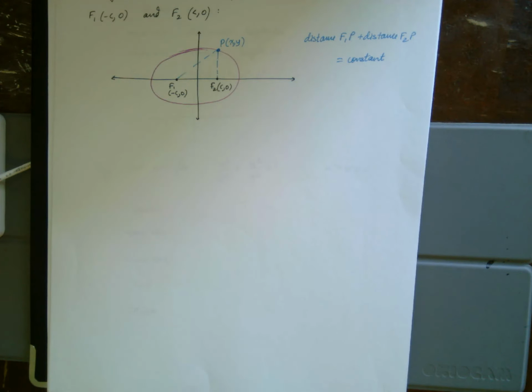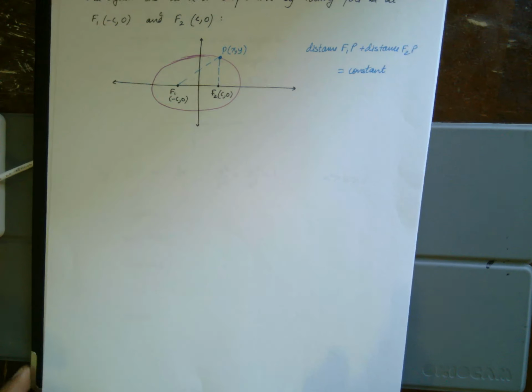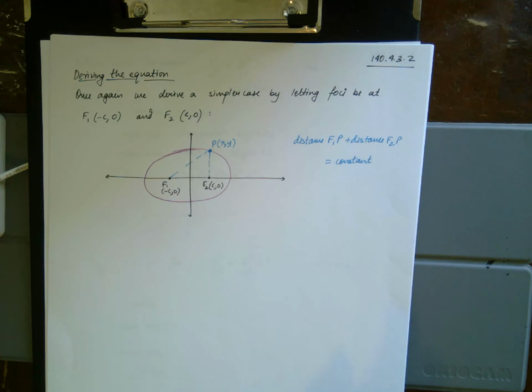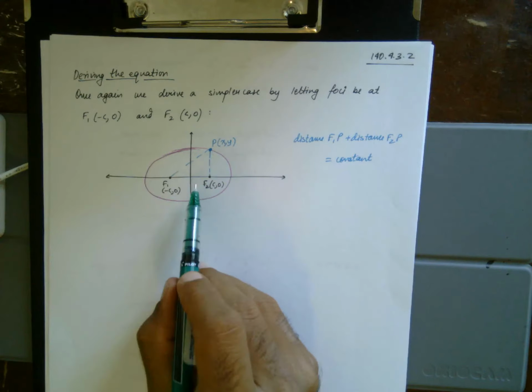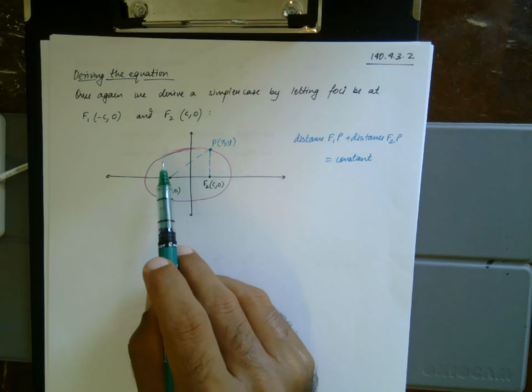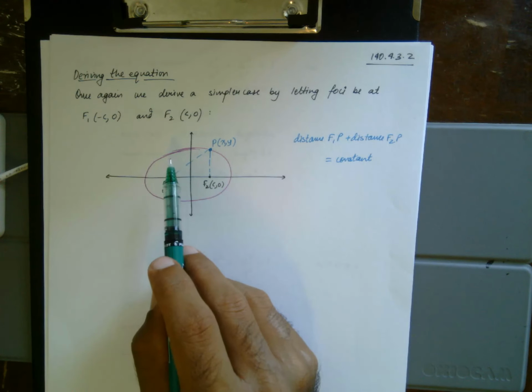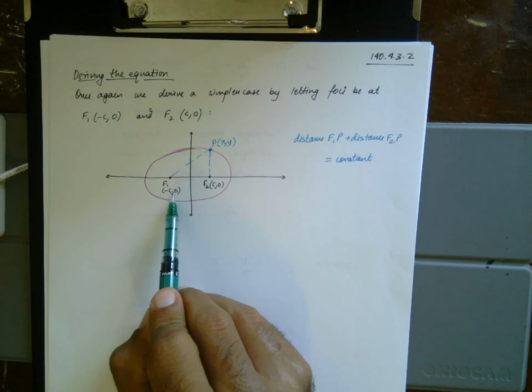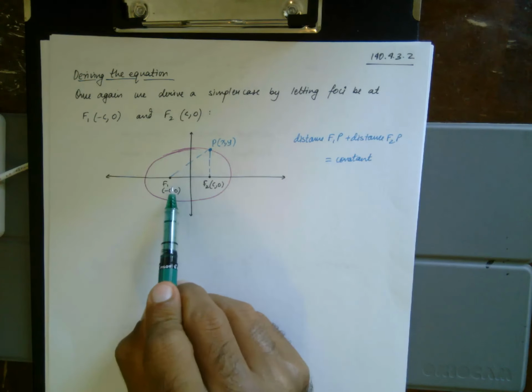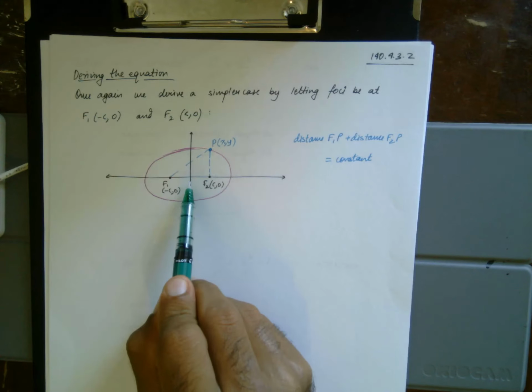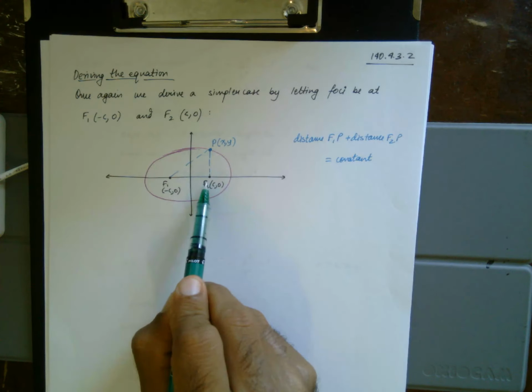And again, as with the parabola, let's try to derive the equation. So we put this into a coordinate system. For simplicity, just as we did with the parabola, saying the vertex is 0, 0, we set it up so that the origin is exactly in between the two foci.